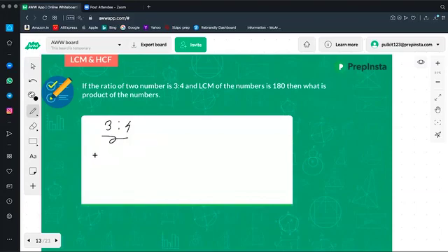So guys, can I not say let's say the numbers are 3x and 4x? I can do that, right? If the ratio of two numbers is 3:4, I can say that the numbers are 3x and 4x.